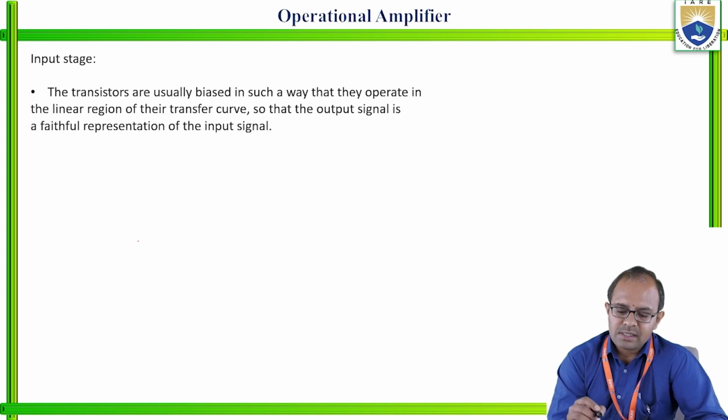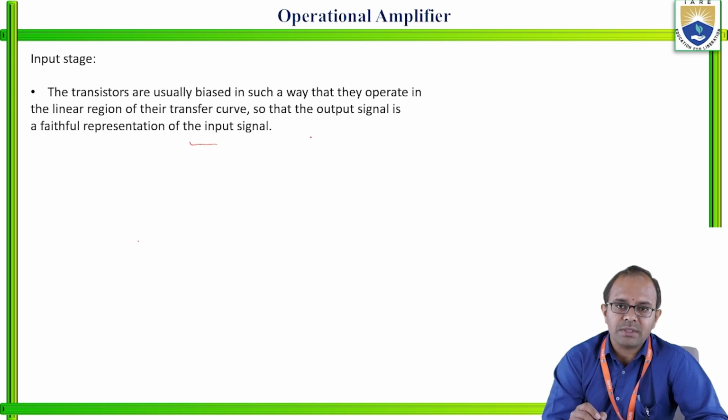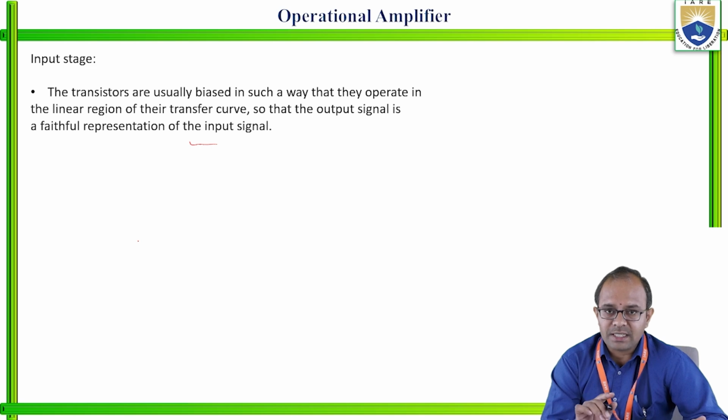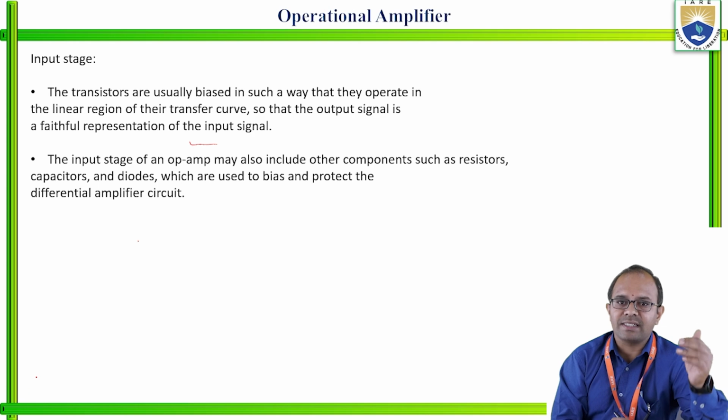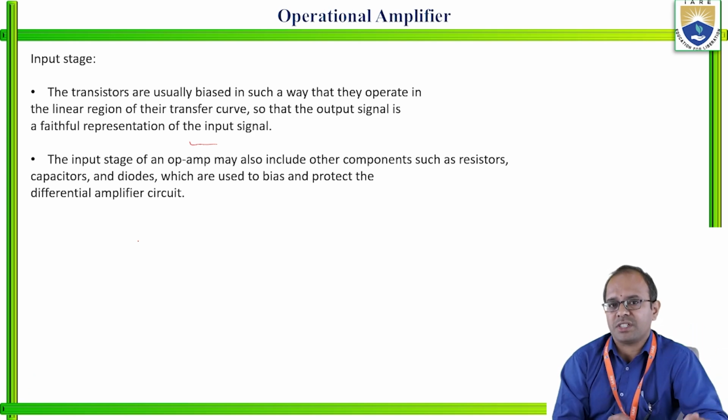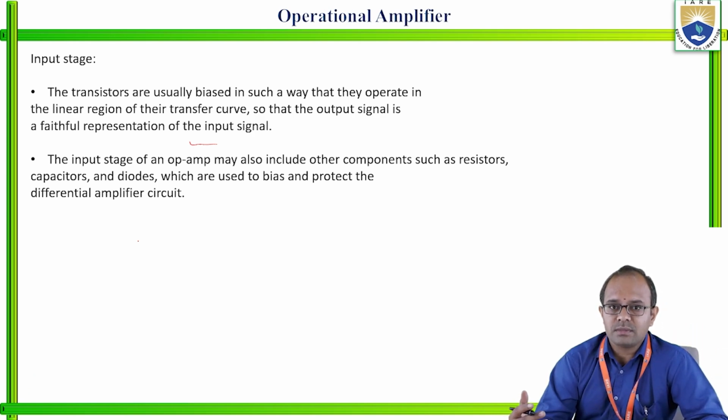They need to be biased in such a way that they operate in the linear region, preferably the linear region, that is nothing but the active region, so that the output signal is a faithful representation of the difference of the input signal. So it is not the faithful representation of the input signal, rather it is going to be the faithful representation of the difference of the input signals, since we operate the two transistors in the linear region, nothing but the active region of the output characteristics of the transistors, right?